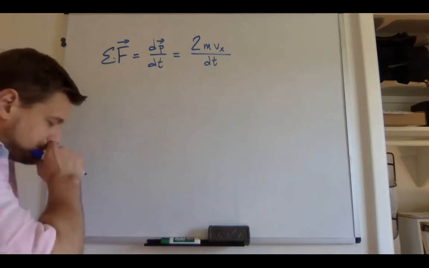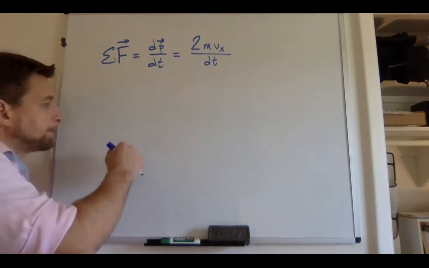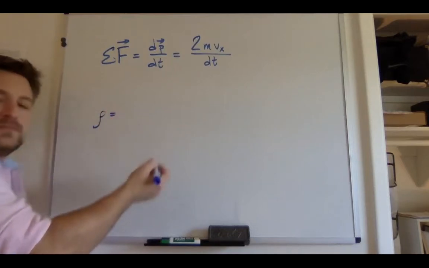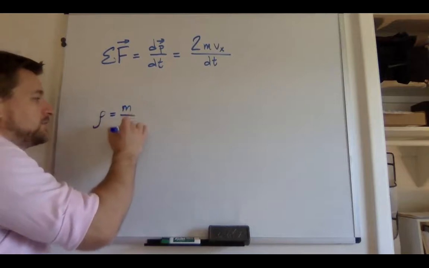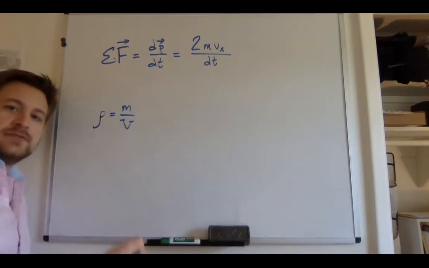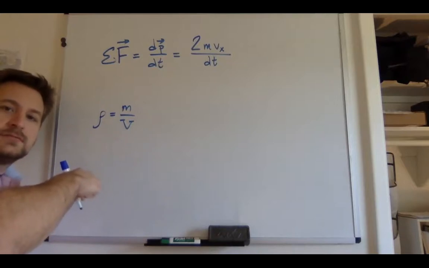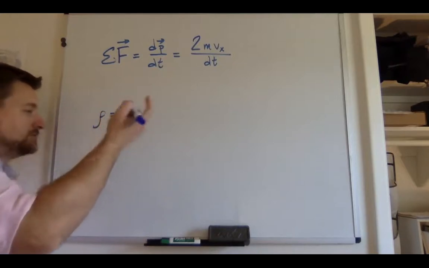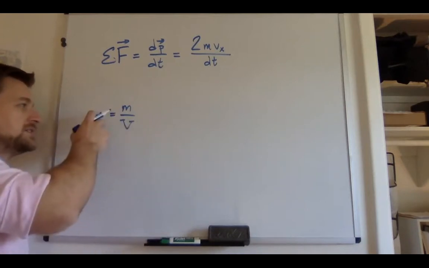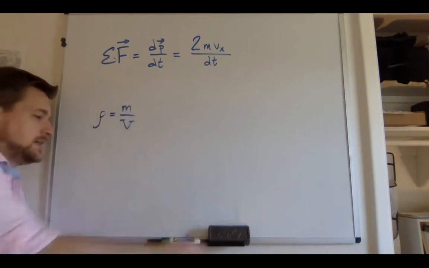All right, hear me out. If I know the mass density of a thing, mass per volume, and you tell me how much volume you have, I can tell you how much mass there is. Even if you cut it in half, because of the density, I can tell you what the mass is.